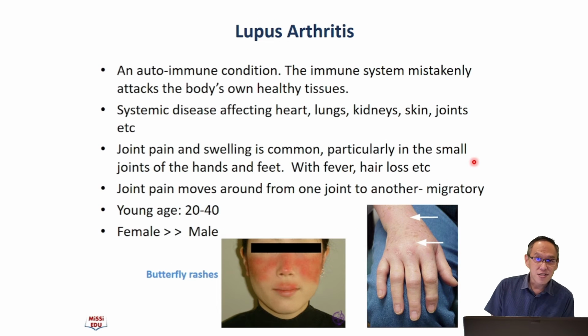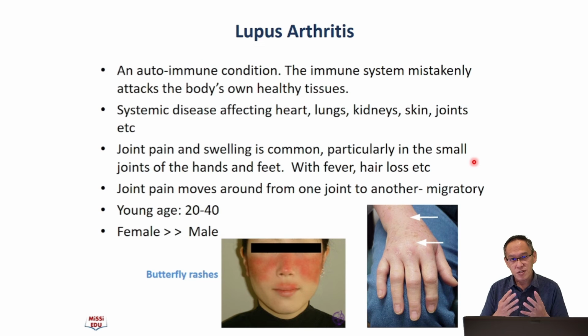Another common arthritis that we have seen is lupus arthritis, as a part of the symptoms of presentation for SLE, or systemic lupus erythematosus, which is an autoimmune disease commonly affecting young women, especially, for example, the Chinese population. The immune system mistakenly attacks our own healthy tissue.